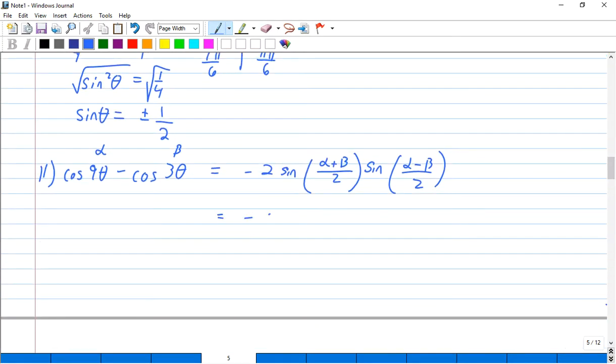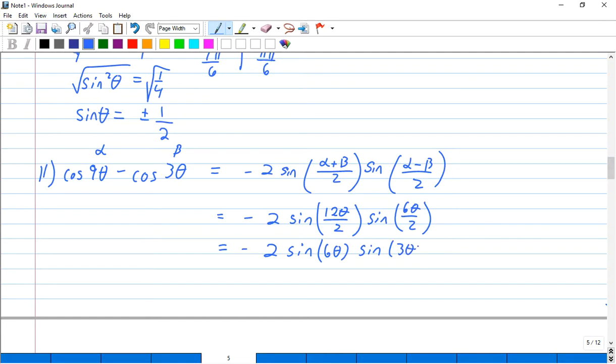So that's going to be negative 2 times the sine of, need to add 9 theta and 3 theta, you get 12 theta over 2, times the sine of, what's 9 theta minus 3 theta? 6 theta over 2. All right, so I have negative 2 times the sine of 12 theta divided by 2 is 6 theta, times the sine of 6 theta divided by 2 is 3 theta.